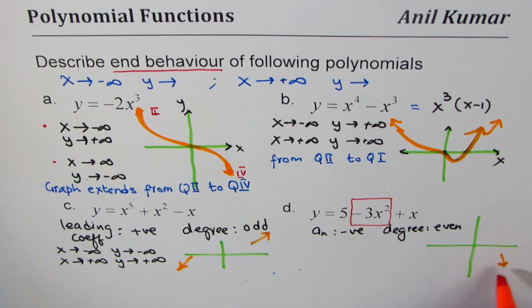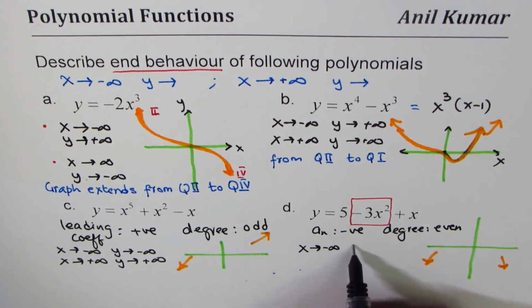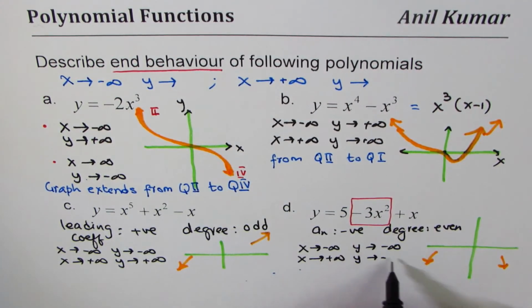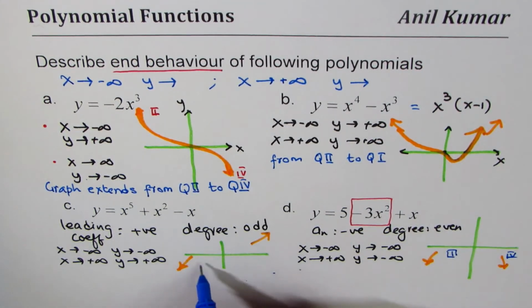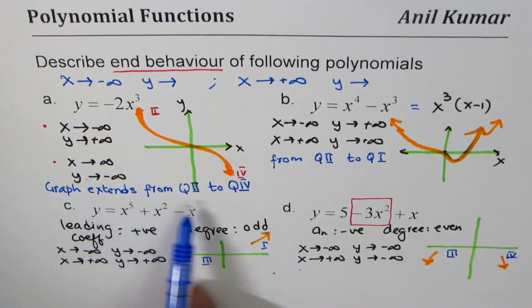Negative means right side down, both down. And therefore, for this, we can write when x approaches negative infinity, y approaches negative infinity, and when x approaches positive infinity, y approaches negative infinity. So this one is from quadrant 3 to quadrant 4, and the previous one is from quadrant 3 to quadrant 1. So you could also describe in terms of quadrants as we did.